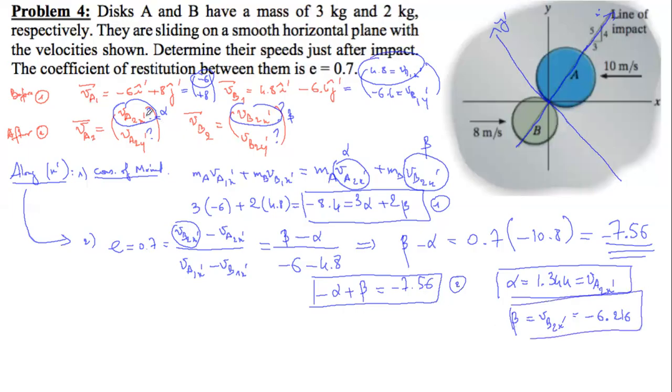So I know here and I know here. Now, along the plane of contact, along y prime, for each particle you will have conservation of momentum, meaning the velocity will be the same. VA2 y prime is equal to VA1 y prime, in other words, it's equal to +8.